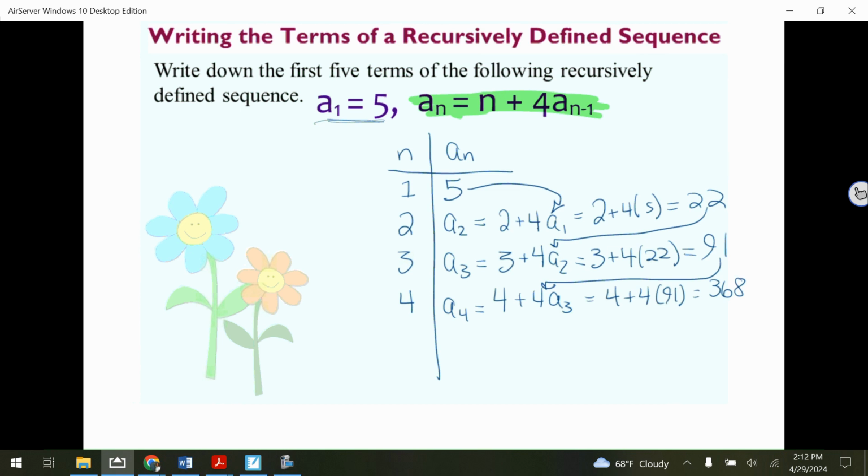And then the last one, the fifth term, A sub 5 is 5 plus 4 times A4. I'm going to use a calculator for this one. 5 plus 4 times 368, and I get 1477. So this is a recursive term. The thing that makes it recursive is this. It uses a prior term.